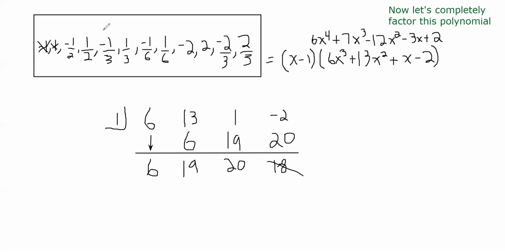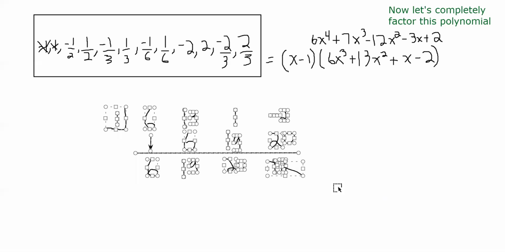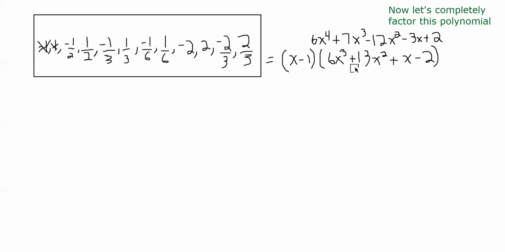So now we can cross out 1. We've already fleshed it out. And we still need to factor this cubic polynomial, but we've already got the list going. Now we could start doing the fractions, negative 1/2, positive 1/2. But for the sake of simplicity, let's try the negative 2, positive 2. If those don't work, then we're going to have to just roll up our sleeves and do the fractions.